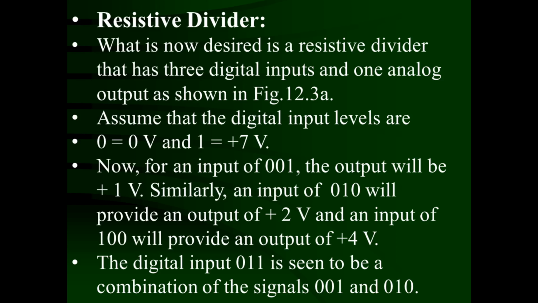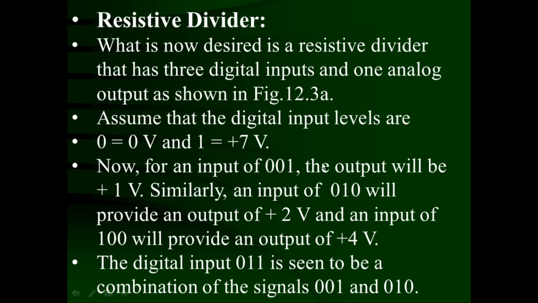The position weight of the second bit, that is 2 raised to 1, is 2 times, and that's why it will provide an output voltage of plus 2 volt. And for the MSB, 2 raised to 2 bit, if 1 is there in the 2 raised to 2 bit, that provides an output voltage 4 times that contributed by the LSB. That's why it is 1 multiplied by 4, so it is going to be plus 4 volt.